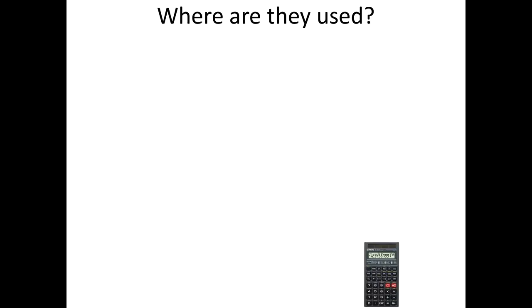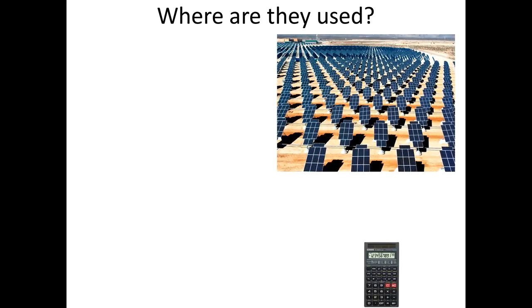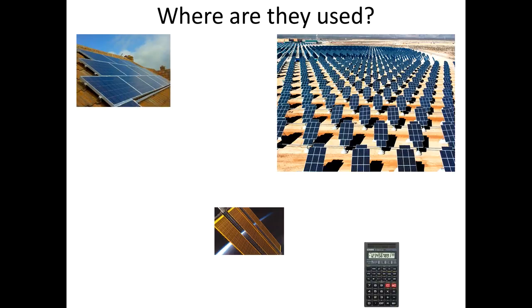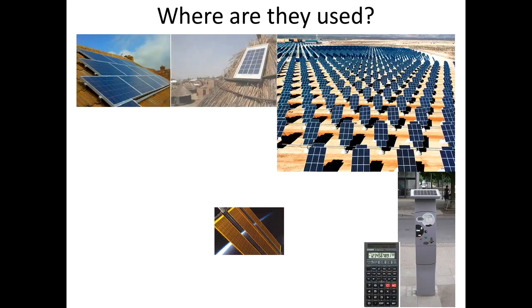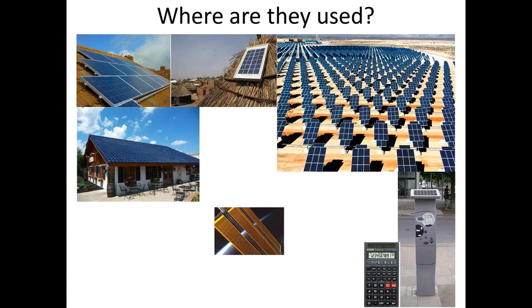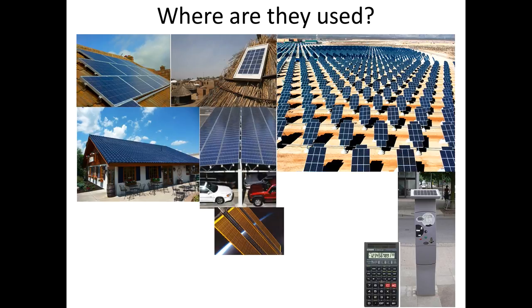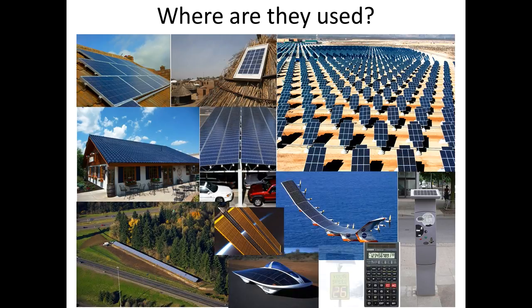So where are they used? The old school calculators, solar farms, space applications, rooftops, utility projects throughout the city, and remote locations that don't have a grid. So solar is becoming more and more ubiquitous. These are some NASA flights, and they're starting to try to make solar cars.